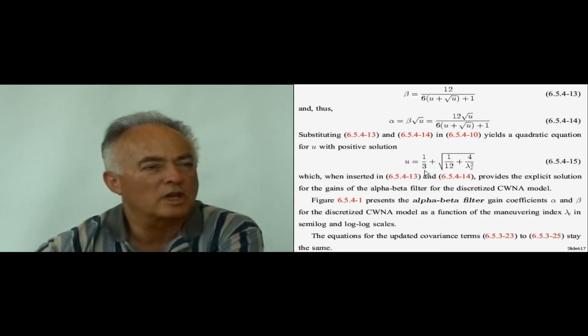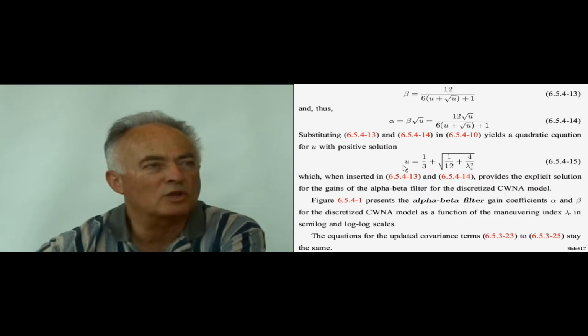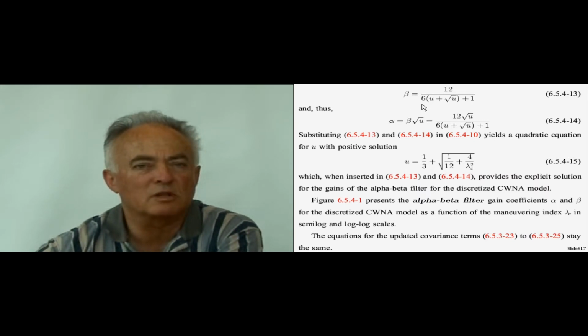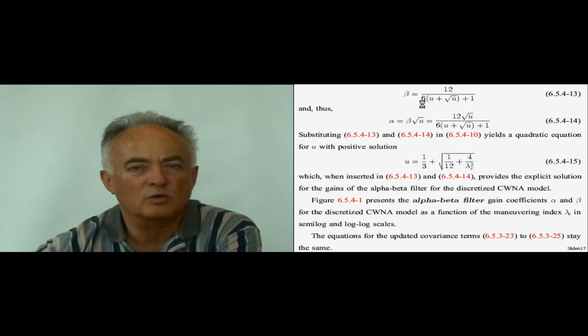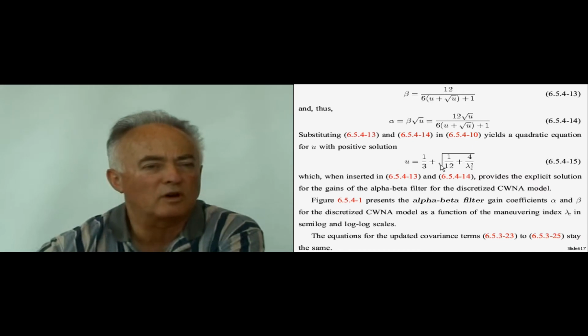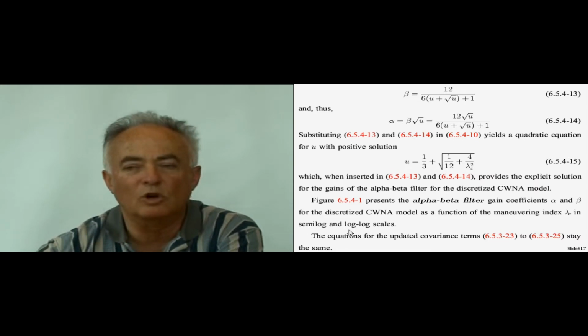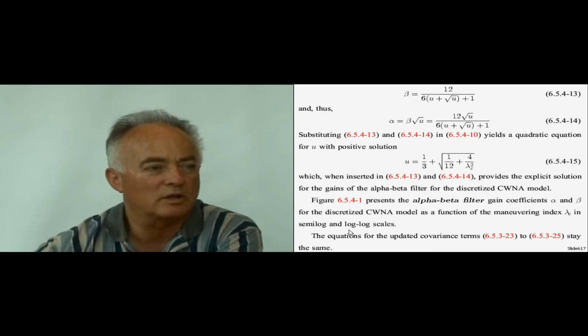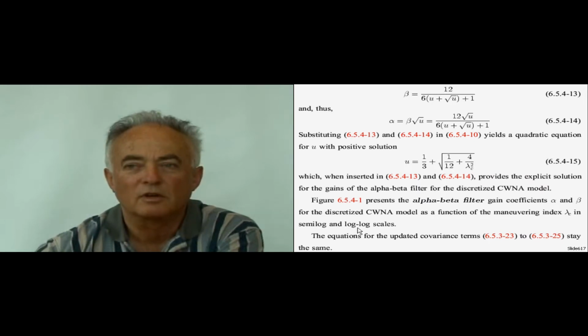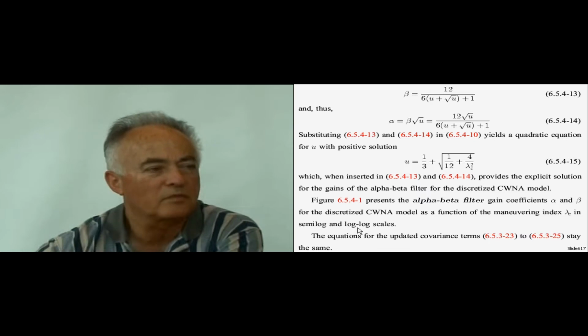So what we have now, based on this, very similar curves that provide us the values of alpha and beta, this time in terms of function of lambda c. As before, it's convenient to go in semilog and log-log scales. One has a wider range, one has an expanded scale in the region of interest.